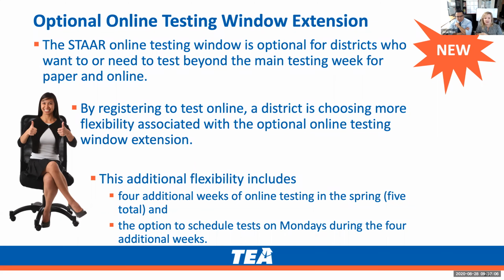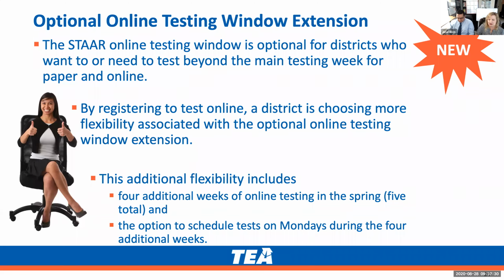Again, you cannot test on Mondays based on state law during that primary administration where the paper and the online test are scheduled on the state testing calendar. However, if you opt in for this additional online testing window extension, then you can schedule some tests on Mondays if you so choose. It's just coming with that optional flexibility.